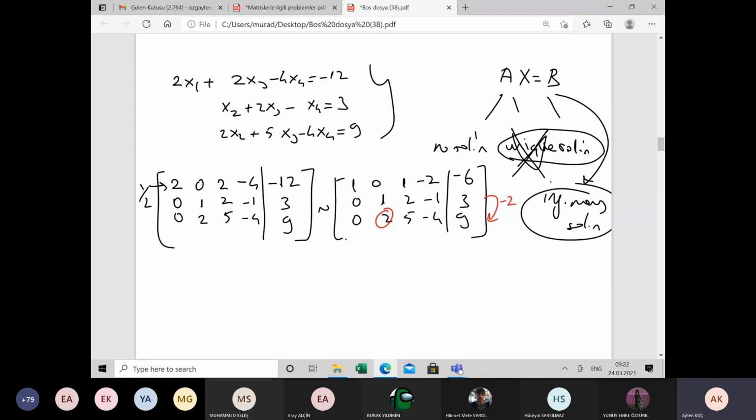Use this operation: the first row stays the same, the second row is 0, 1, 2, -1, 3.